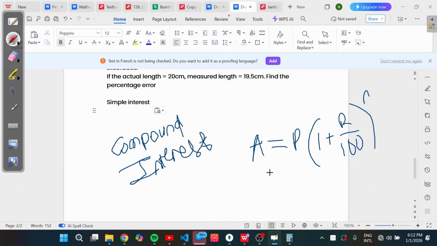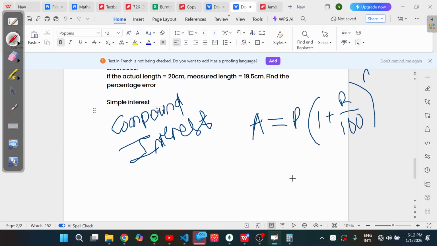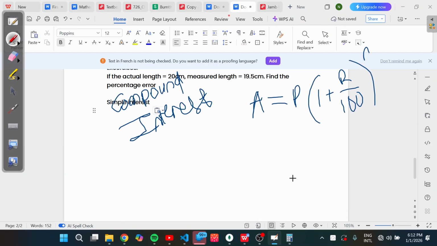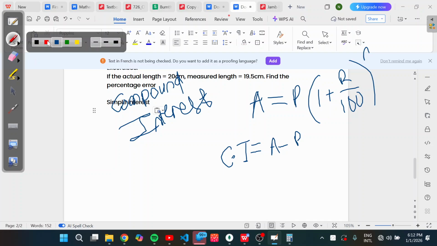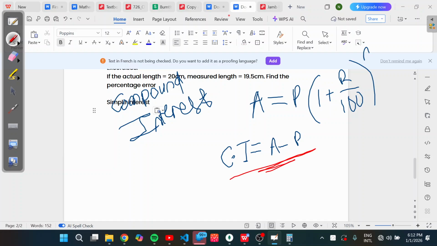So A is the total amount, P is principal, R is rate, and n is the number of years. So now compound interest will be given to you as the amount subtracted by the principal. So this is the actual formula for compound interest.